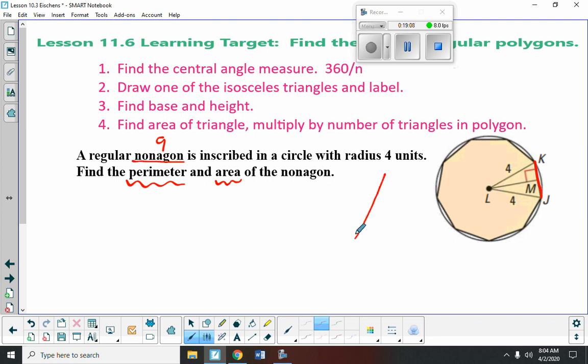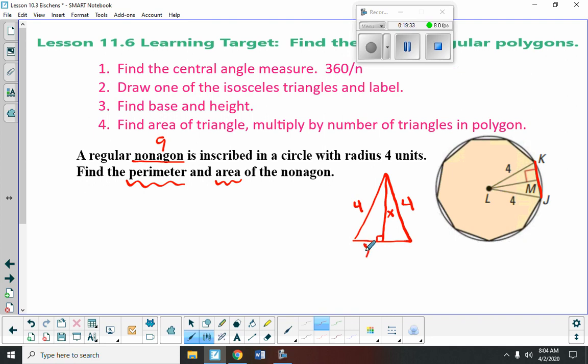So let's draw the triangle and figure out what our best strategy would be to do that. So these would be the radii, and we don't know the height of the triangle, which remember that's the apothem. So we don't know this side, which we'll call x, or this side, which we call y.